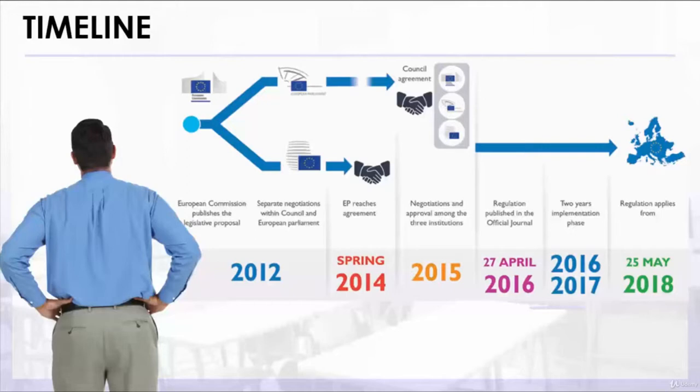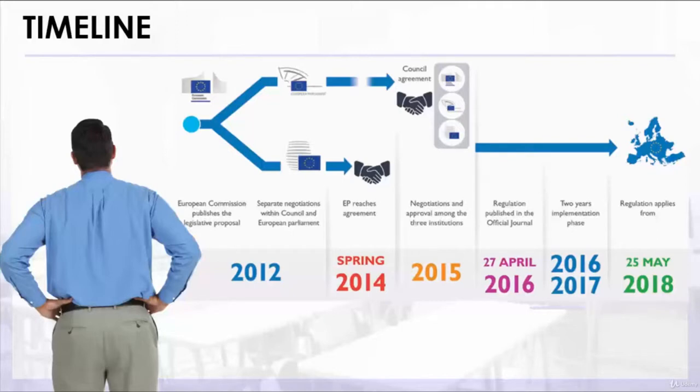The timeline states that in 2012, the European Commission publishes the proposal, and then separate negotiations with the Council and the European Parliament take place. The agreement is reached in 2014. In 2015, further negotiations and approval among 3 institutions take place.